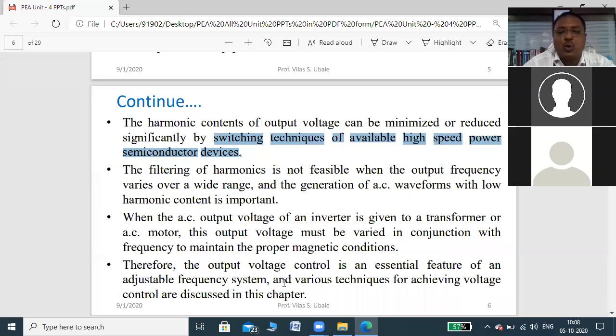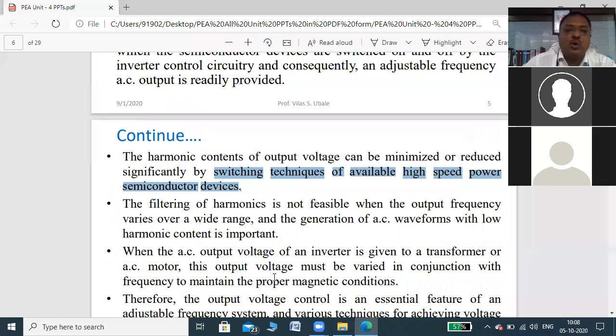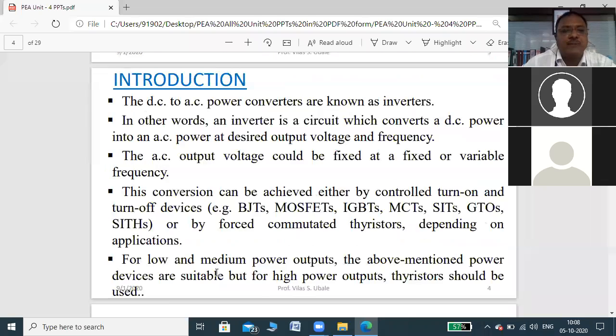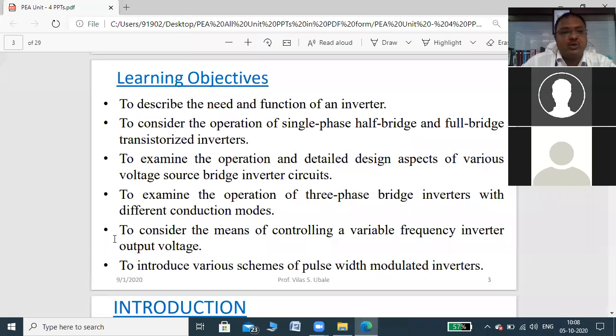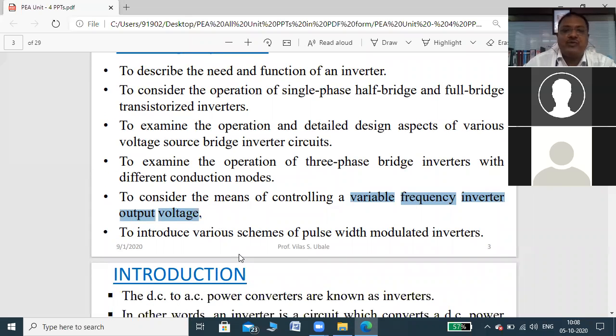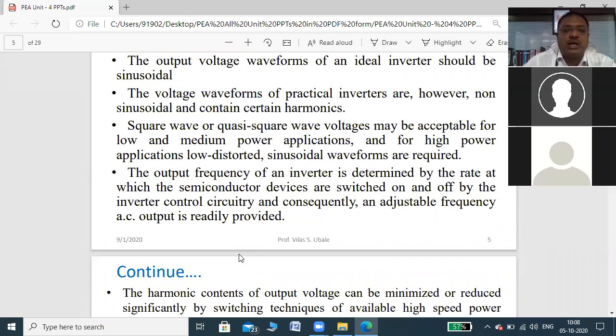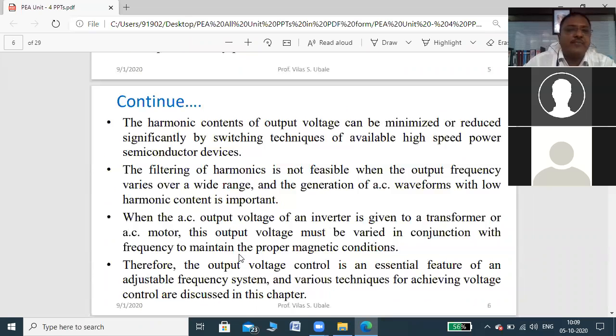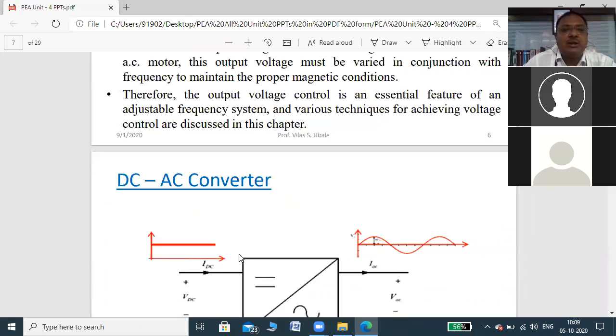Therefore, output voltage control is an essential feature of an adjustable frequency system, and various techniques for achieving voltage control are discussed in this unit, at the last. Already we have seen the voltage control scheme in the syllabus, that is, the various means of controlling the variable frequency inverter output voltage. So the output voltage of the inverter must be controlled so that you can have a stable frequency. So this is about the introduction.